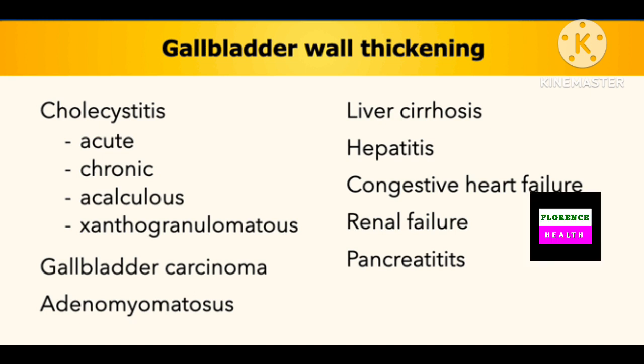These are the non-inflammatory conditions where there is increased thickness of the gallbladder wall. Sandwich appearance of the GB wall is seen in inflammatory conditions like acute cholecystitis and also in non-inflammatory conditions. Those are liver cirrhosis, ascites, hepatitis, congestive heart failure, renal failure, and AIDS patient.